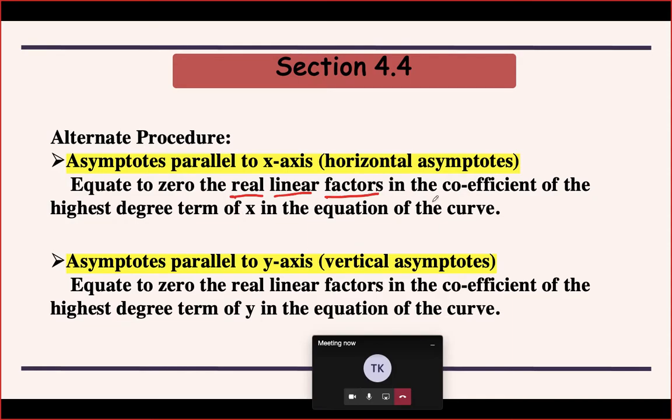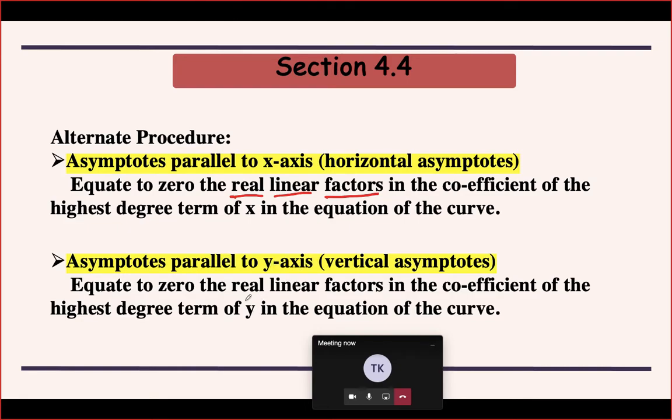So whatever the coefficient is, it may have some factors which are linear. If that happens, and they are also real, that means they should not give you any imaginary values, then equate them to 0 to get your horizontal asymptotes. Same for vertical asymptotes, you have to find asymptotes parallel to the y-axis.